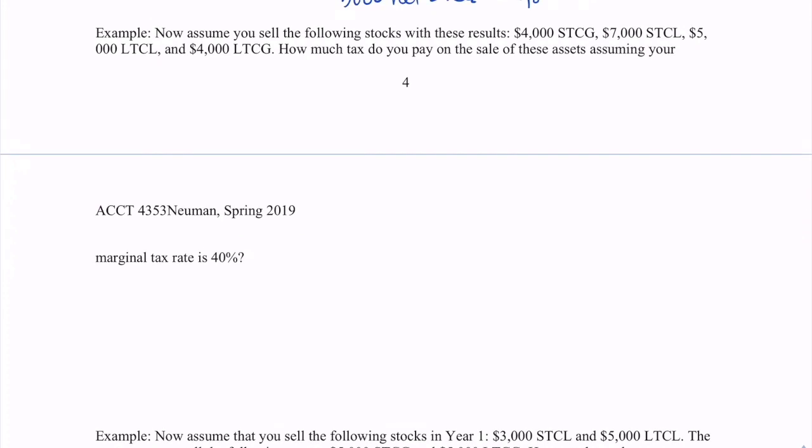Next, we're going to assume we sell the following stocks with these results: $4,000 short-term capital gain, $7,000 short-term capital loss, $5,000 long-term capital loss, $4,000 long-term capital gain. Again, we put the short with the short and the long with the long. We have a $4,000 short-term capital gain, a $7,000 short-term capital loss.